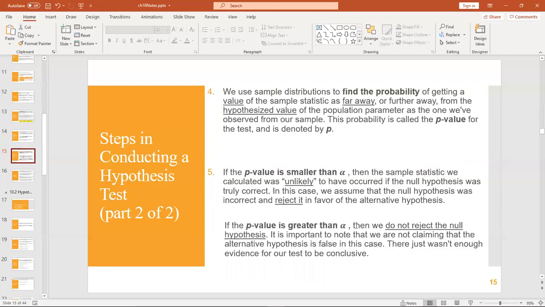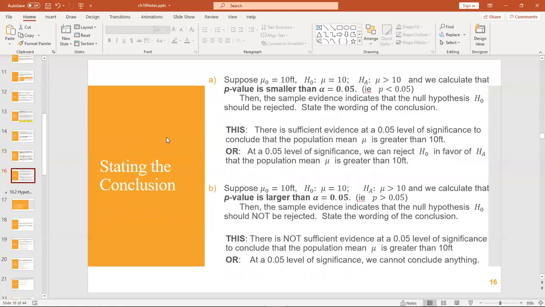If the p-value is greater than alpha, we do not reject the null hypothesis. We're not claiming that the null hypothesis is true, it's just we failed to find evidence that it was false. So here, if we were to calculate that the p-value is less than 0.05, H0 is rejected.